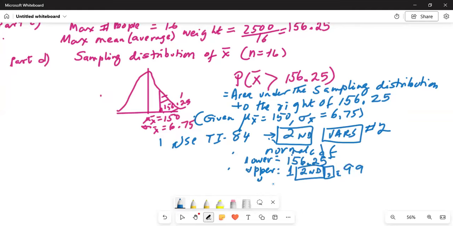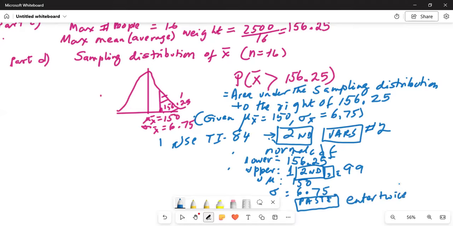The mean I will type is 150, and the sigma I will type is 6.75. Then I go down to Paste and hit enter, enter twice.